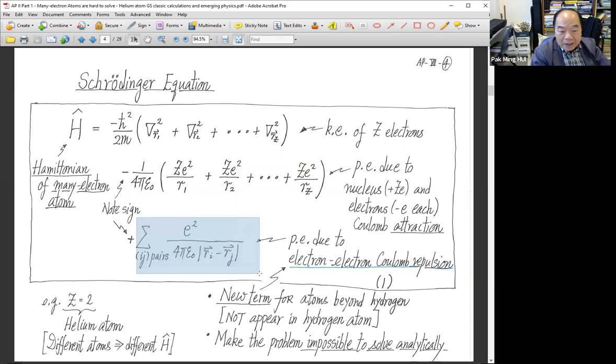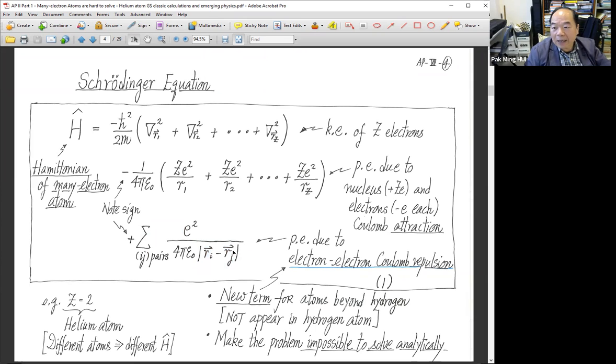And electrons will interact through the Coulomb interaction. They are of the same charge, thereby there will be a positive potential energy due to Coulomb interaction. So it will give rise to e squared plus these constants, and then 1 over the separation between 2 electrons.